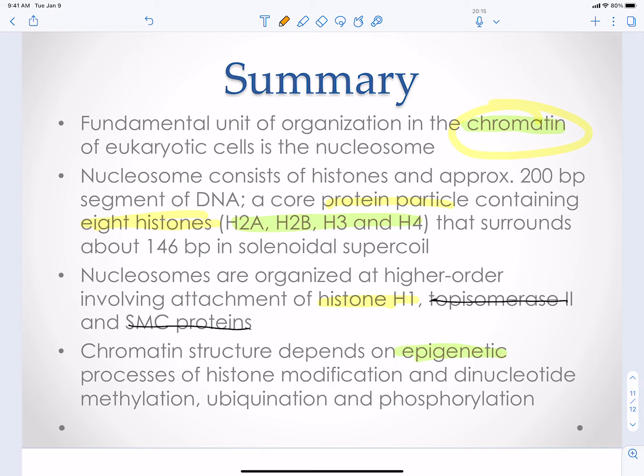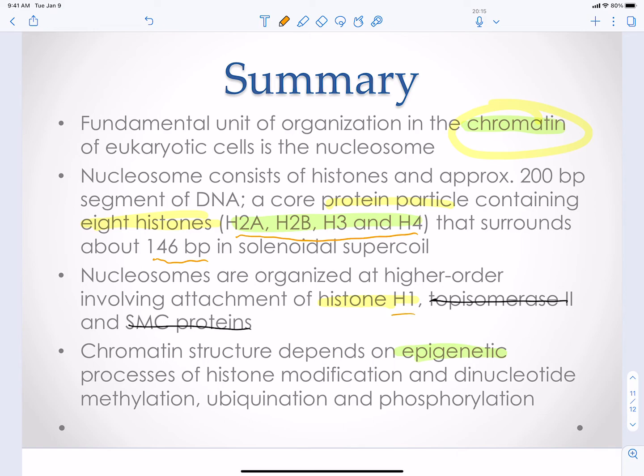The nucleosome core is going to be made up of 4 proteins that are in duplicate in every core. Each of the cores is going to have about 146 base pairs that wrap themselves around them into that solenoid structure. And then the nucleosomes are going to be linked by that histone 1.